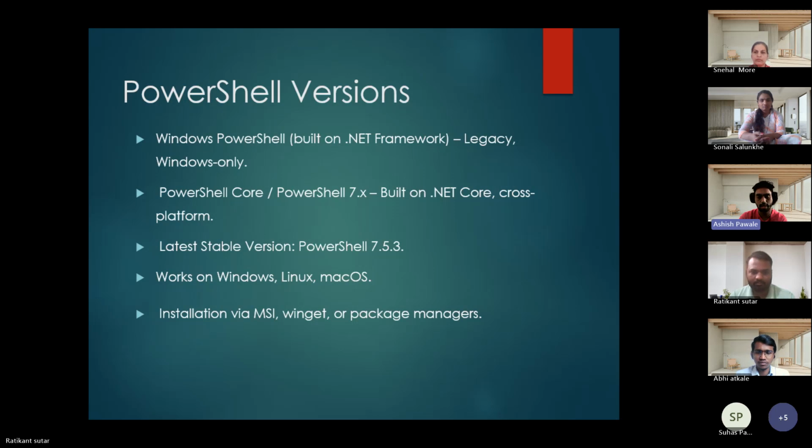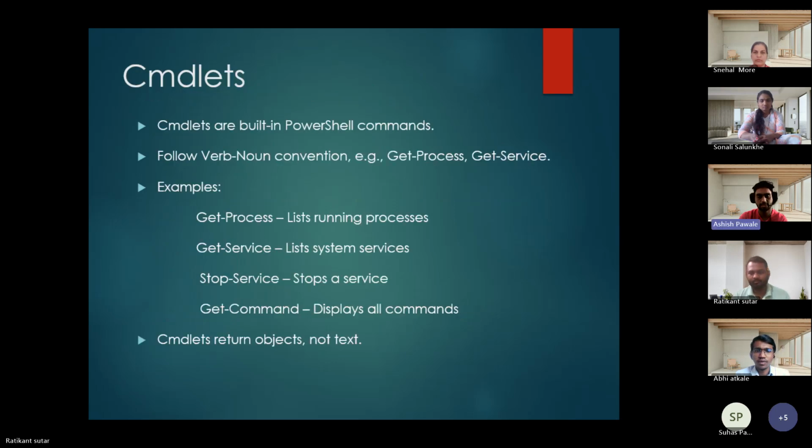The latest PowerShell is version 7.5.3, which can be installed using various methods such as MSI installers and package managers, depending on the operating system. This flexibility ensures that PowerShell can be used in diverse environments. Next slide.